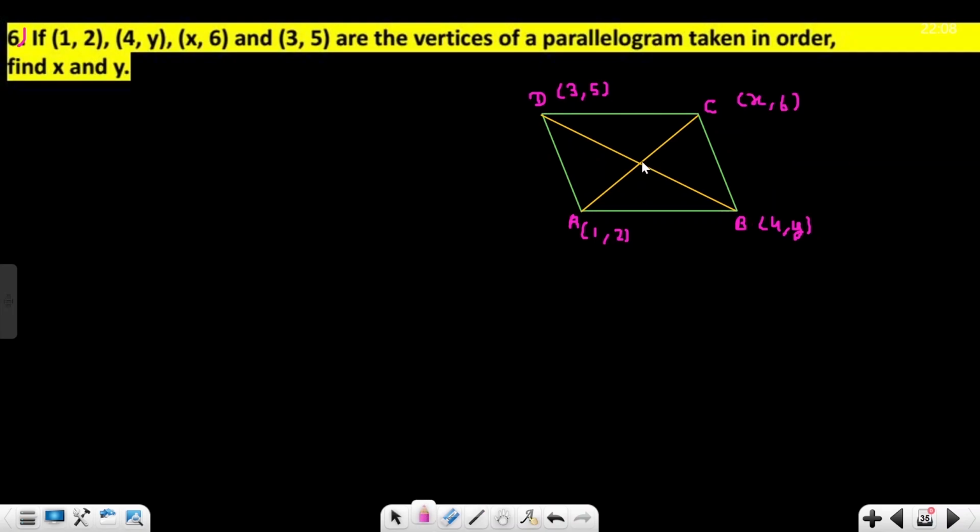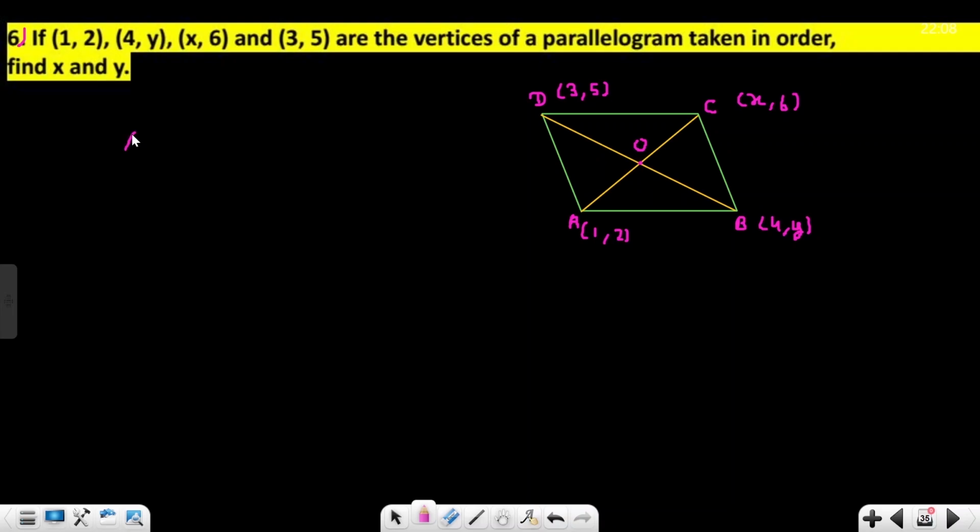Now here the diagonals' intersecting point we call O. O is the intersecting point of the diagonals, and the property is the diagonals bisect each other. Bisect means at the midpoint. They bisect each other at the midpoint of the diagonal. It means midpoint of AC is equal to midpoint of BD.